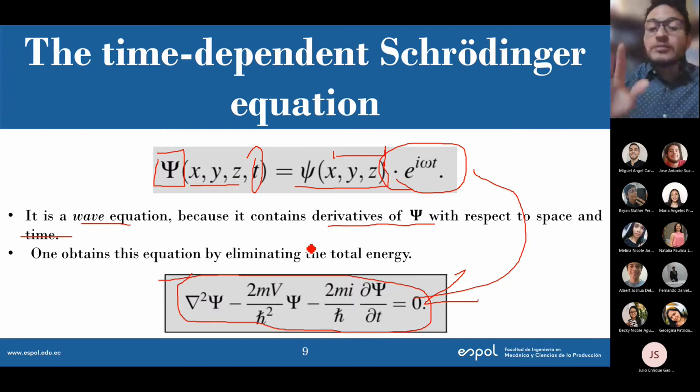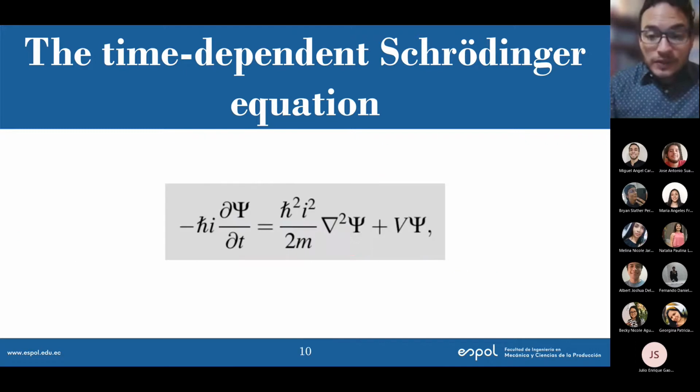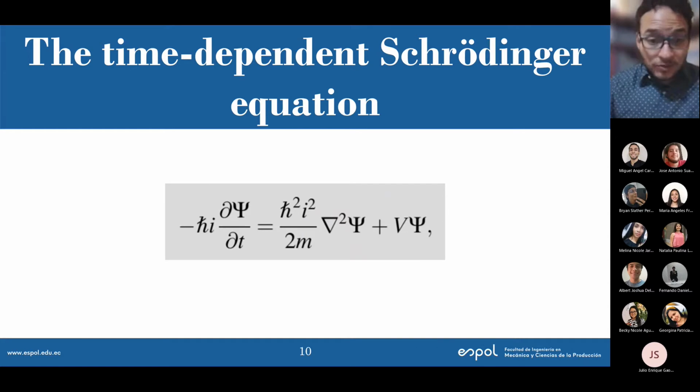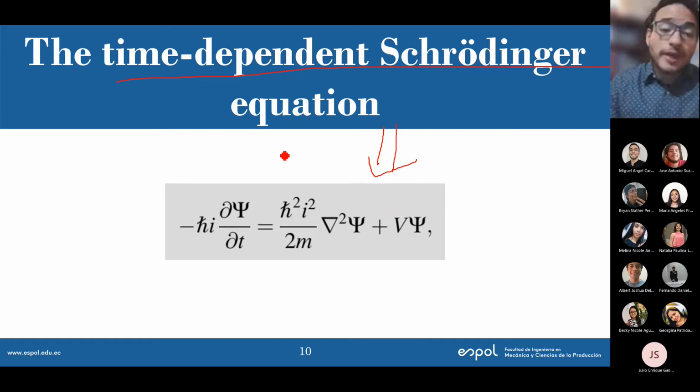This is just how you solve this, and again, I think we'll do that in the tutorial. Okay, and then we can rearrange this. If we rearrange this equation, we will get this, and this is actually the solution of the time-dependent Schrodinger equation. If we were to solve fully the previous equation, we'll get this.